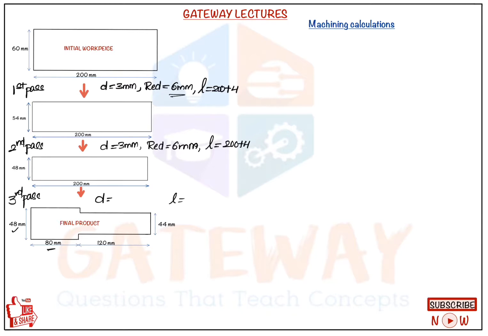We can only apply it to the 120 mm length with allowance. And from 48 we need to get to 44, so we need to reduce it by 4 mm. By giving a depth of cut equal to 3 mm, we'd get a reduction of 6 mm, but we don't need 6 mm, we need only 4 mm. So the depth of cut will be 2 mm and the reduction will be 4 mm, and the length of the workpiece will be 120 plus 4 mm.